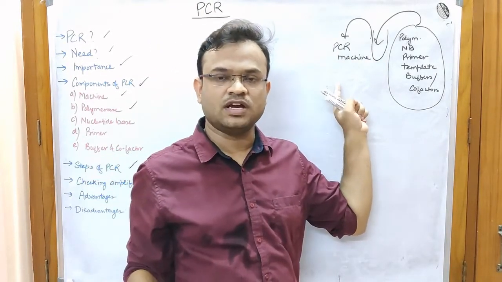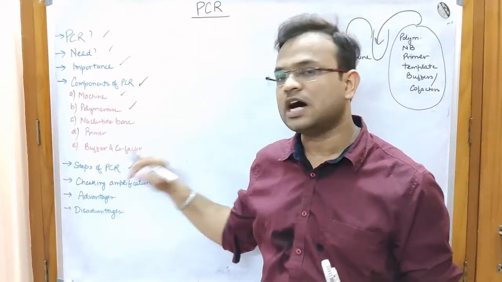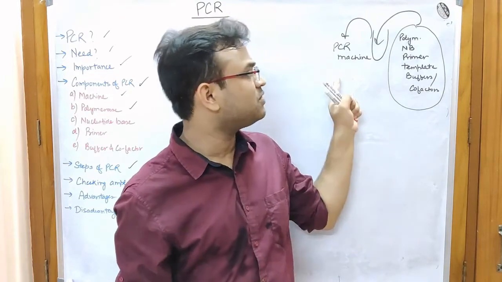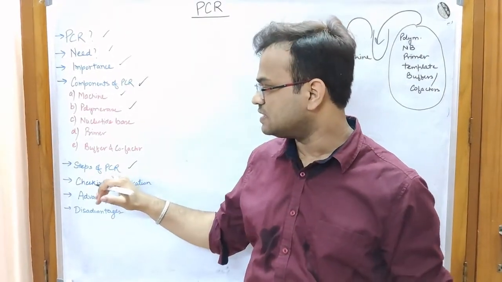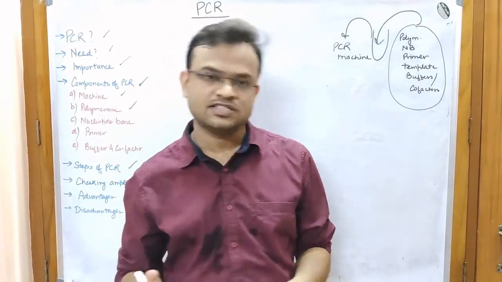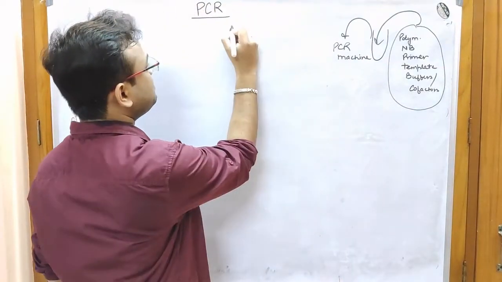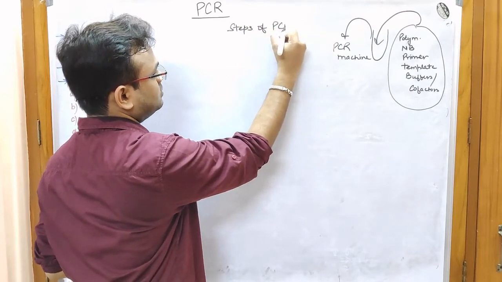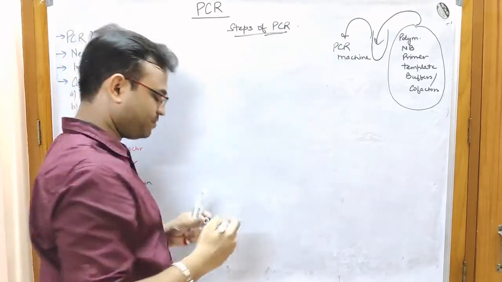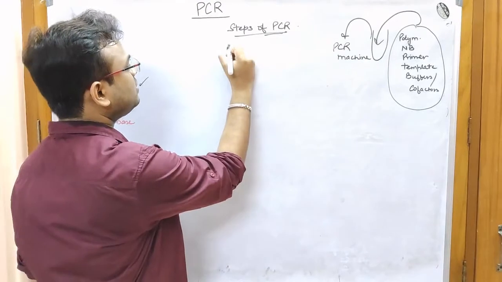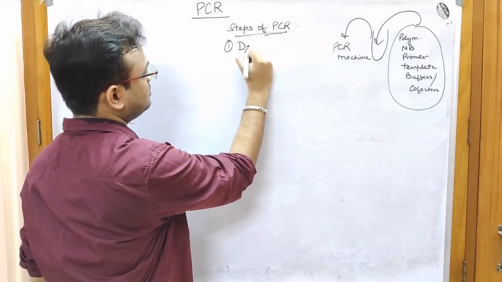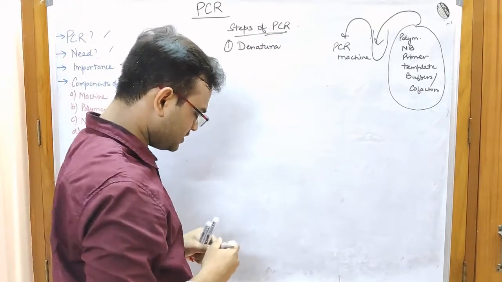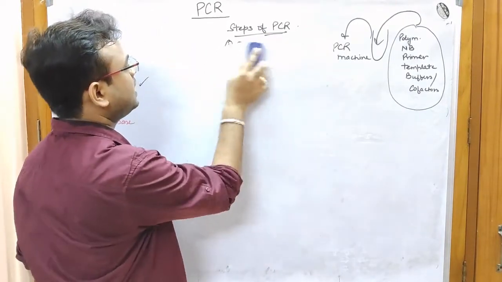After putting this into the PCR machine, we would now understand what are the steps of PCR. Inside the PCR machine, what happens, we will understand in this region, that is steps of PCR. Let us understand this in a diagrammatic way.